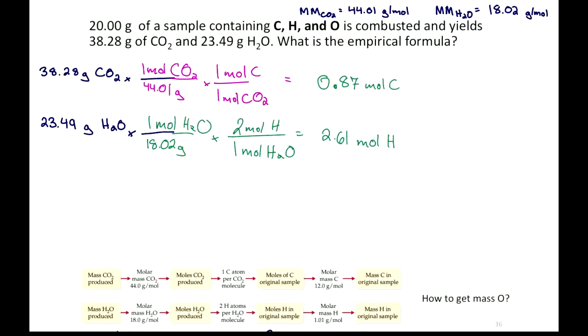All right. So if this only contained carbon and hydrogen, we could then go figure out our empirical formula. But the problem is we need to get moles of oxygen too. We don't know if oxygen is the smallest mole amount that we would have to divide all the mole amounts by. So we have to do something special to get moles of oxygen here.